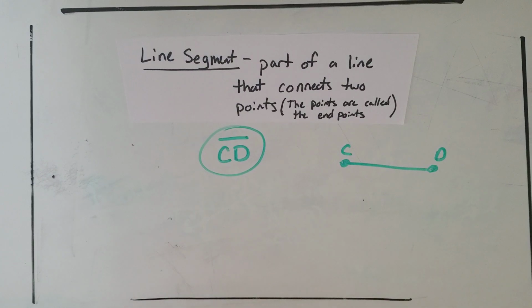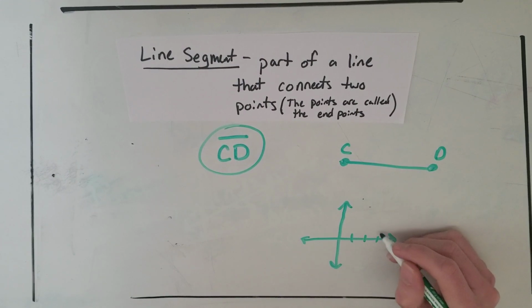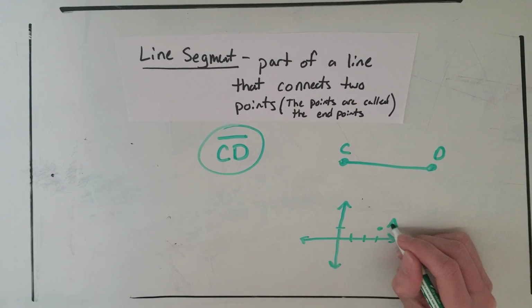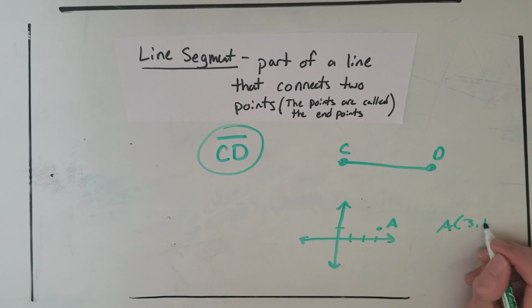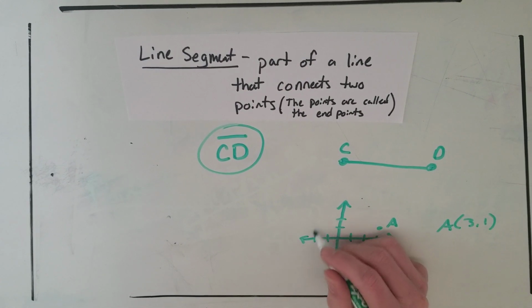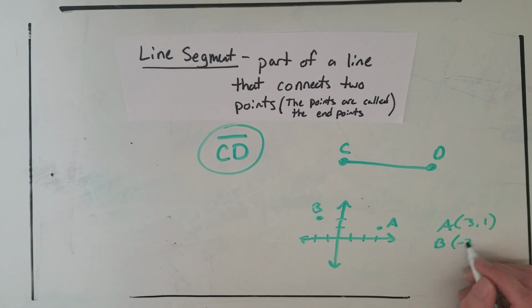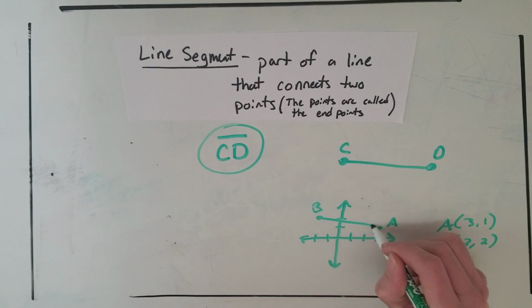And you could have line segments randomly right here. You could also have them on the coordinate plane, just like you can have a line or a point on the coordinate plane. You might have point A, which is (3, 1), and then you can have point B, which is (-2, 2), and then you can have a line segment.